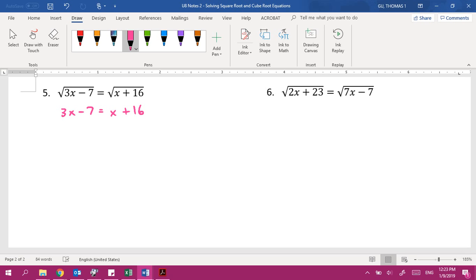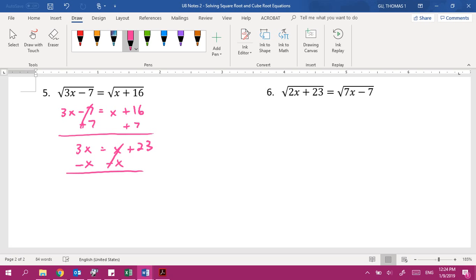And so we just got to solve for x. So what should we do to solve for x here? Plus 7? Yep. If I add 7 to both sides, what's left? 3x? That's right. And then now, what do I do from here? Minus x.